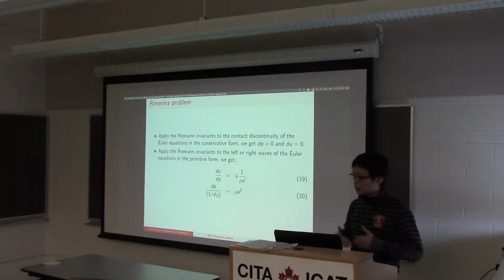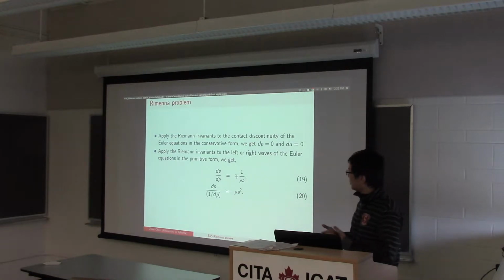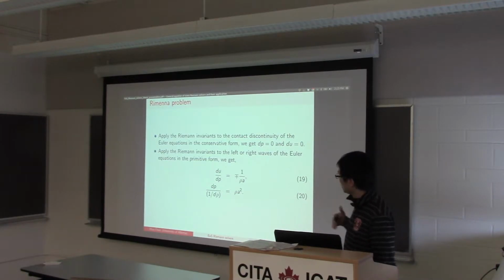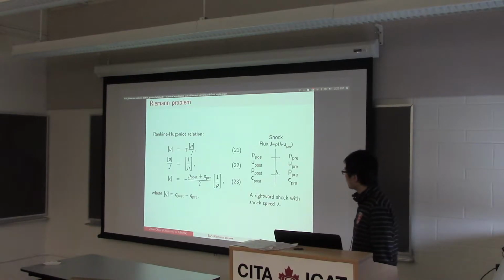If the wave speed of the behind wave is catching up to the front, it is going to form a shock, and this solution will not hold always. So we need to solve another kind of equation called the Rankine-Hugoniot relation.